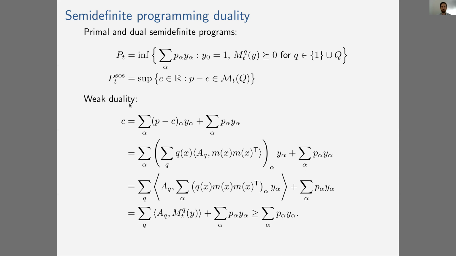So what is weak duality? Whenever you have an optimization problem and you formulate a dual of it, so here we claim that pt SOS is a dual. Then if the primal is a minimization problem, the dual is a maximization problem that gives us lower bounds, right? And weak duality is just a check that it indeed gives lower bounds.